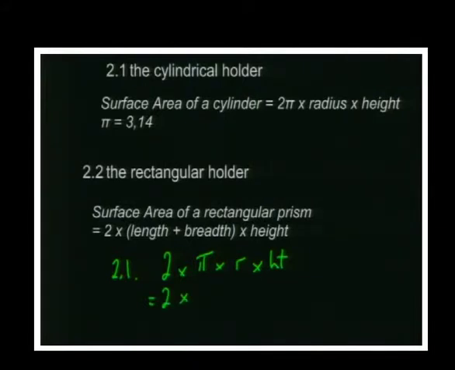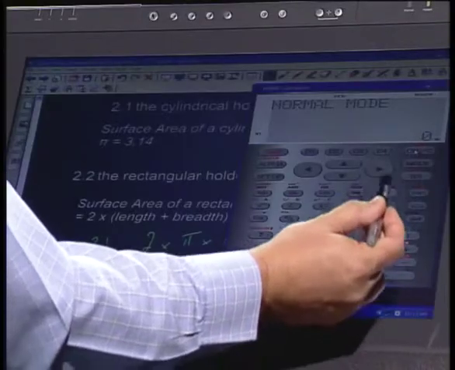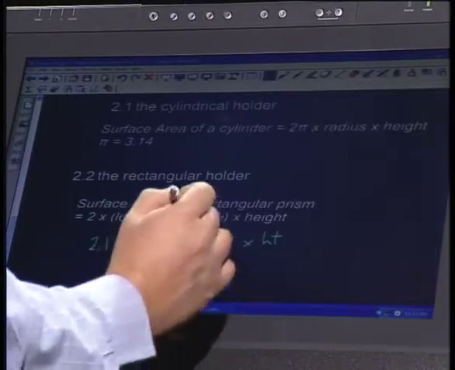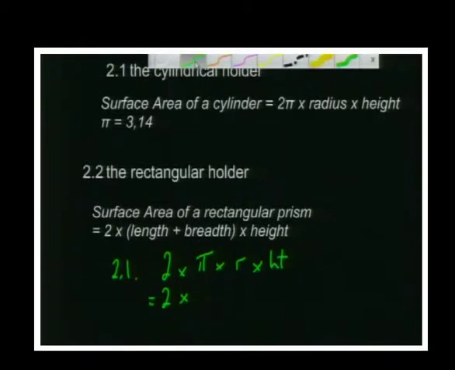Now, folks, if you look at your calculator, you will see that there's actually a pi button on that calculator. Can you see that? Here it is over here. Okay? But in this question, it clearly states we may not use that button. In fact, we have got to use 3.14.